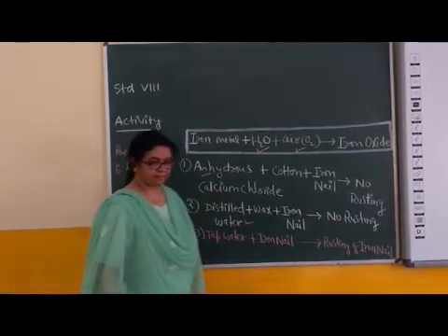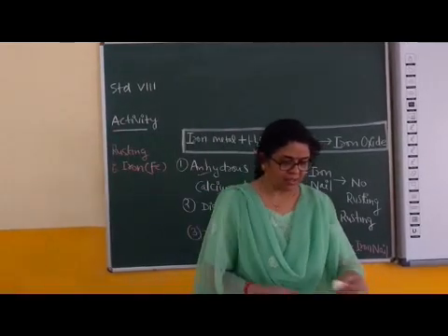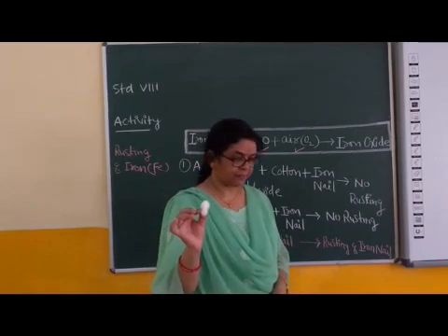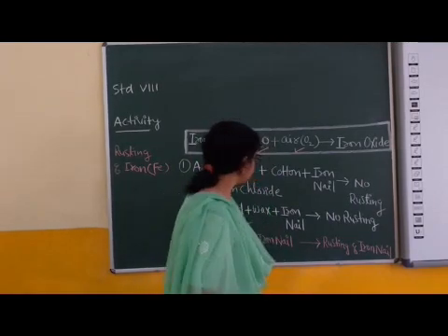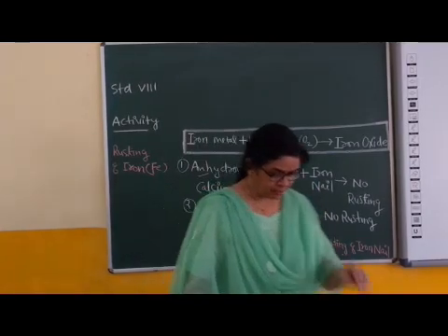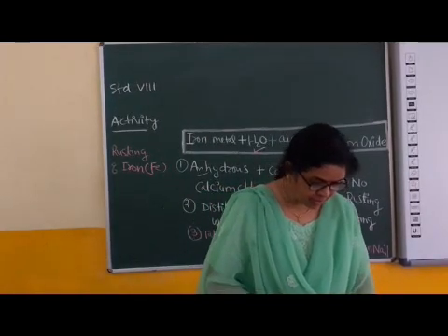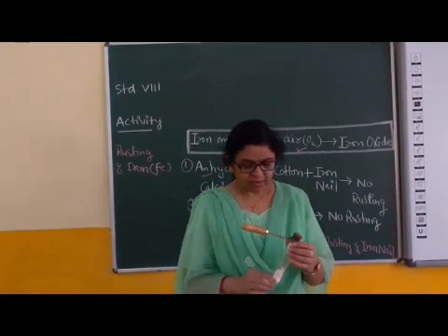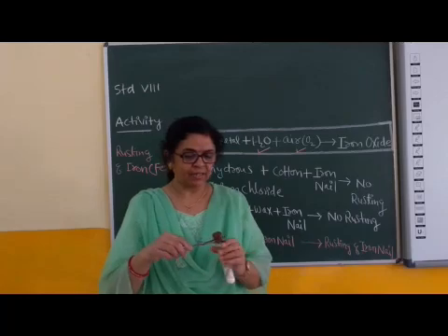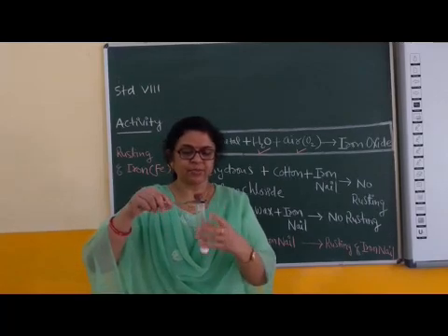Second is cotton. You know cotton. Cotton is a good absorber of humid contents or moisture. Third one is iron nail. Right? And for this type of setup, what is required? First, take a minimum amount of calcium chloride. I have taken this calcium chloride in this test tube.